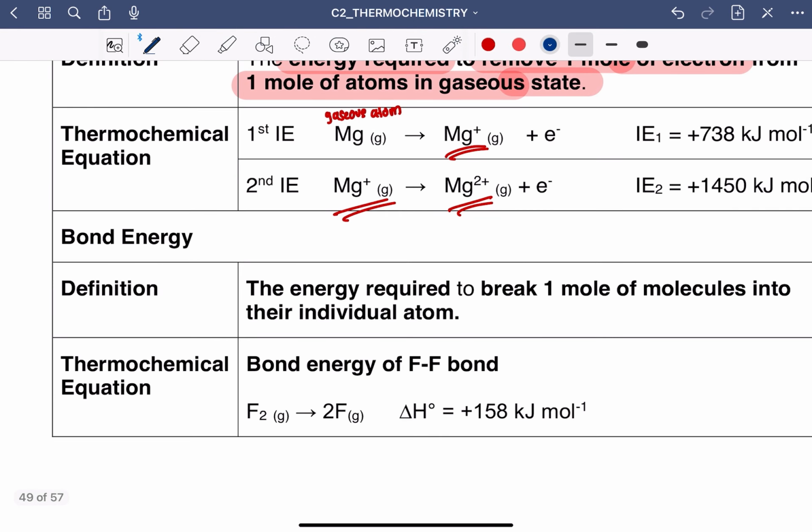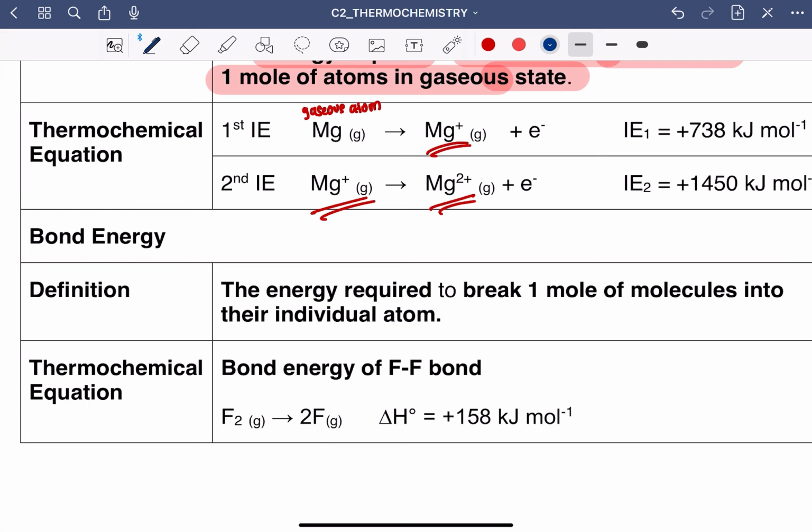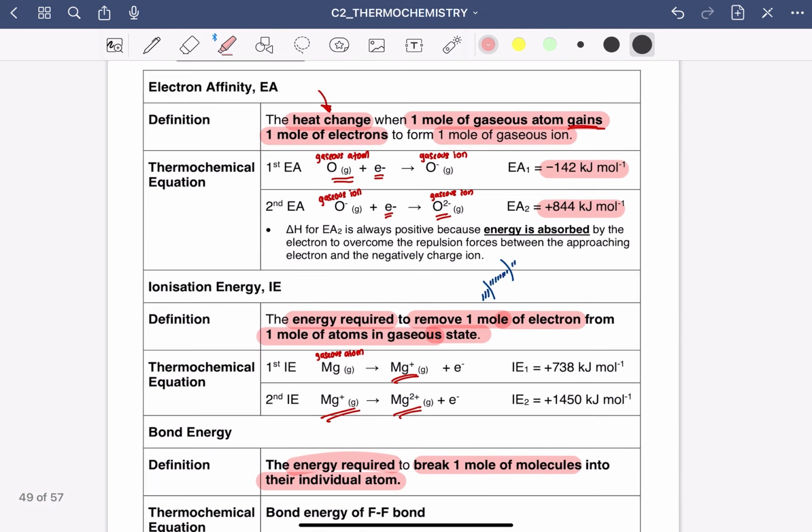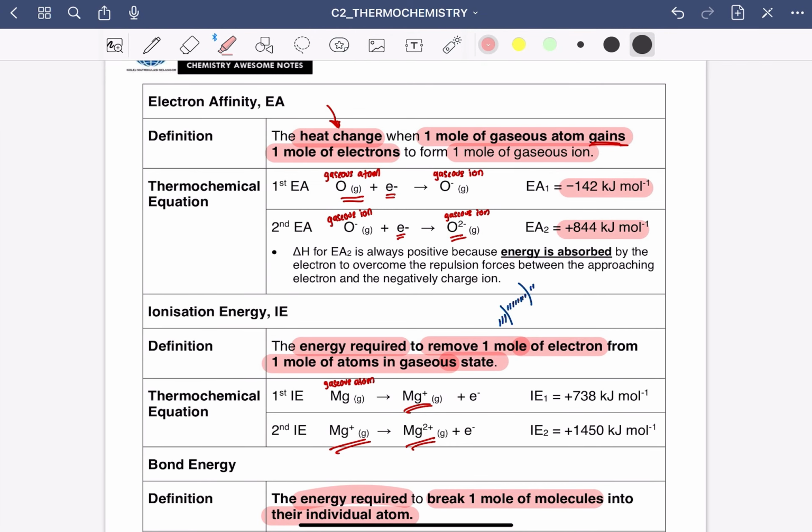So what is bond energy? Bond energy is the energy required to break 1 mole of molecules into their individual atoms. Ini rarely come out in exam, but you just need to know. So again, I make a conclusion.